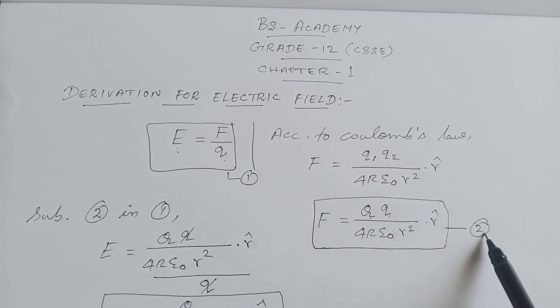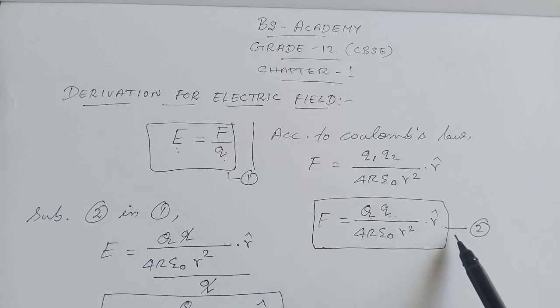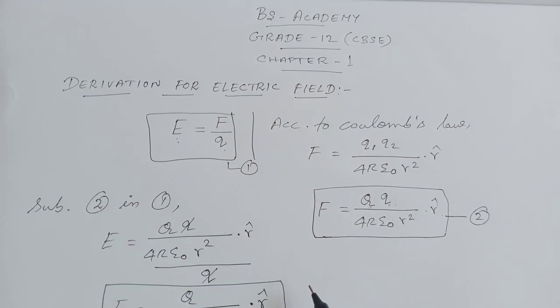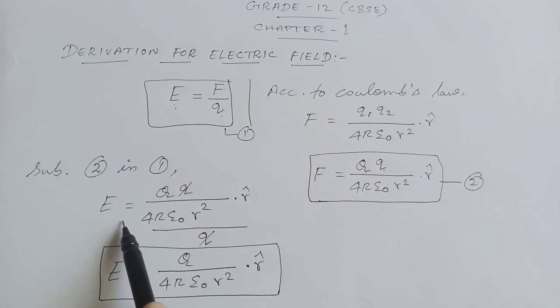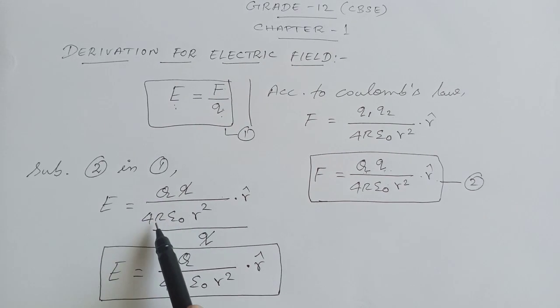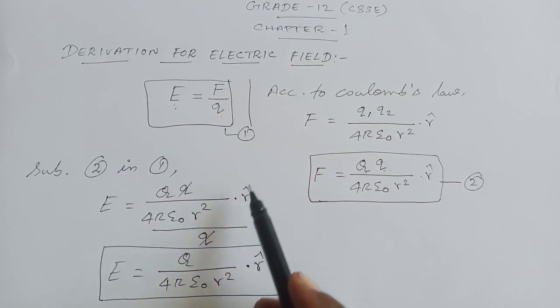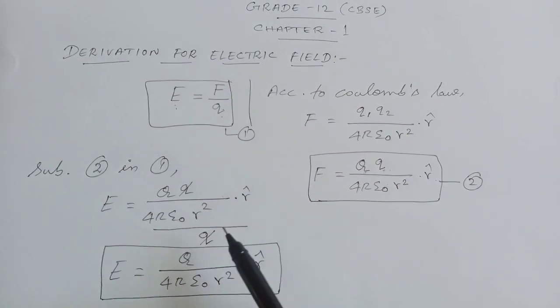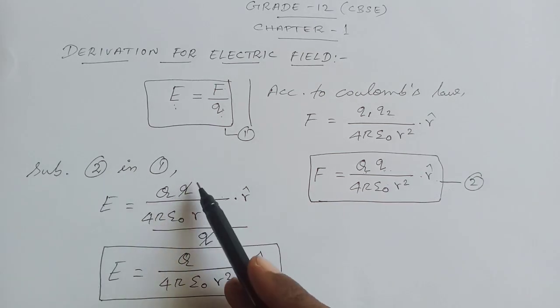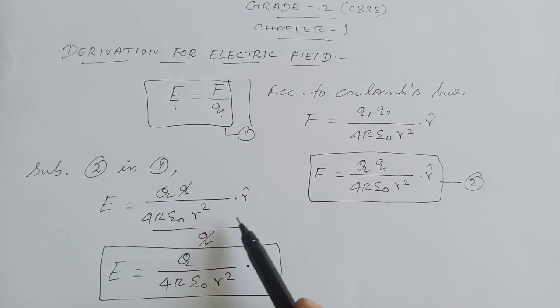Consider this as the second equation. Substitute this second equation in the first equation, so that E is equal to Qq by 4 pi epsilon naught r square into r cap, the whole divided by this q. So we can cancel out this q which is in the numerator and denominator. Therefore the remaining equation is E is equal to Q by 4 pi epsilon naught r square into r cap. Is it clear, students?